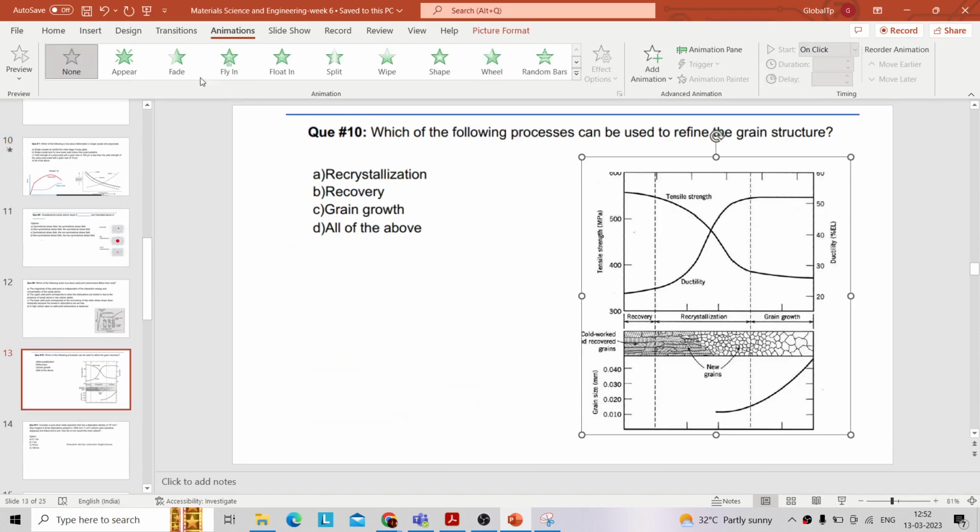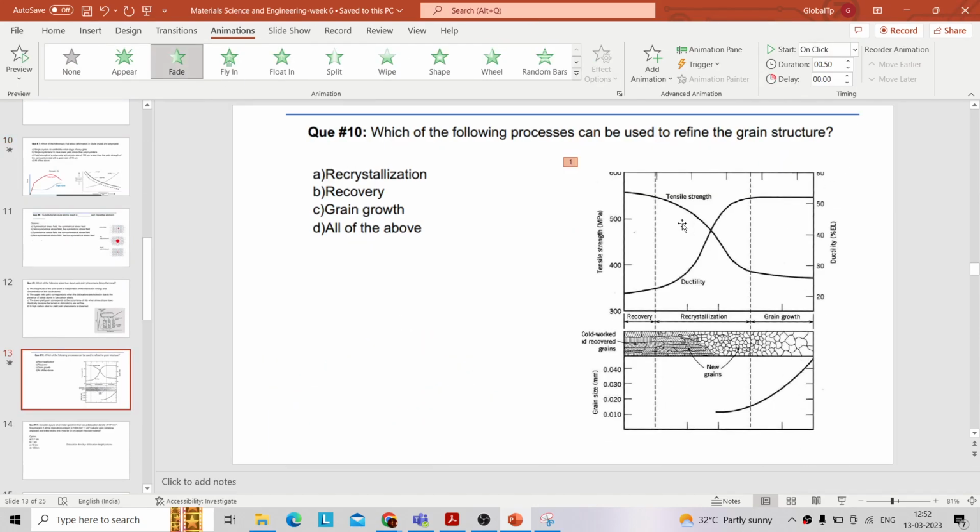What is the value of K? How much did you get? It will be 543. Yeah, 543.